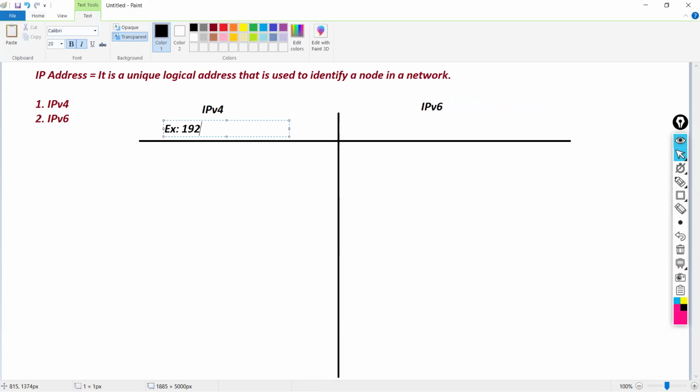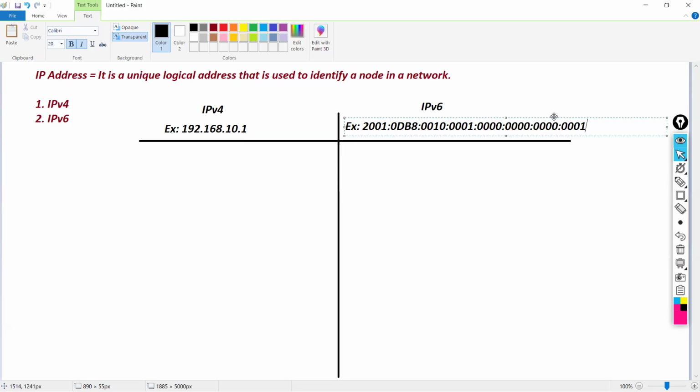This is an example of an IPv4 address, let's see, 10.1. And this is one IPv6 address.